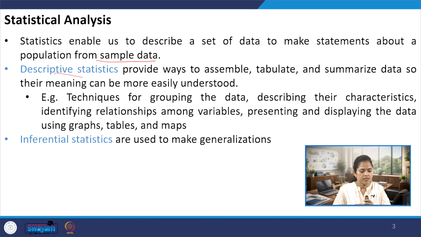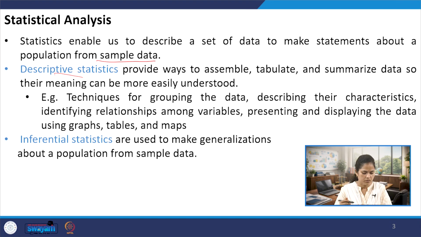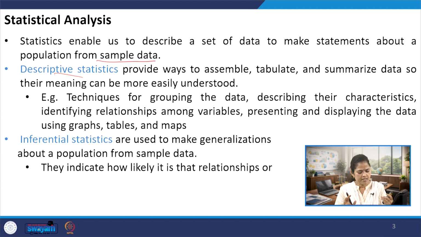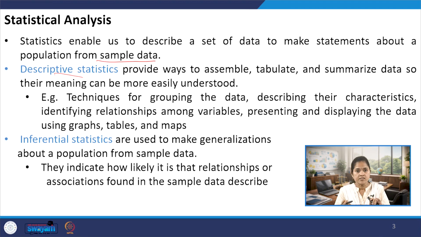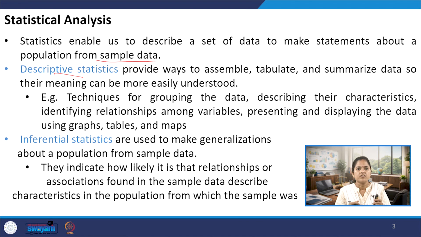Likewise, we can use inferential statistics, and generally inferential statistics are used to make generalizations about the population. That means by making observations from the sample data, we can generalize the same for the population, right? So inferential statistics indicate how likely it is that the relationships or associations found in the sample data can describe the characteristics of the entire population from which the sample was taken.